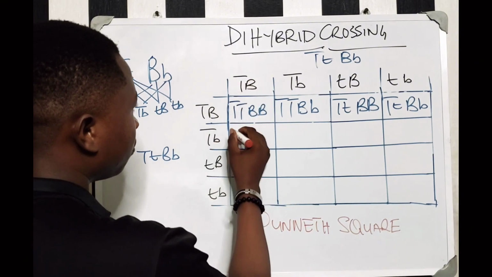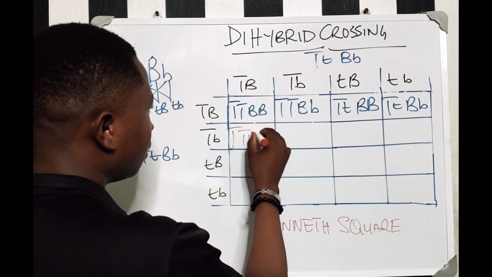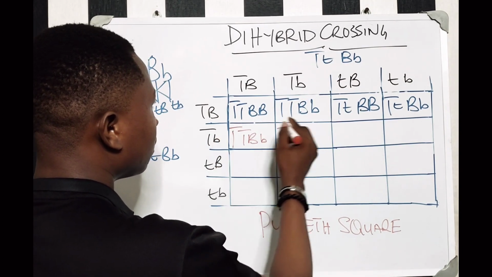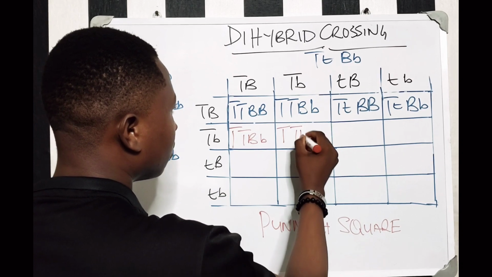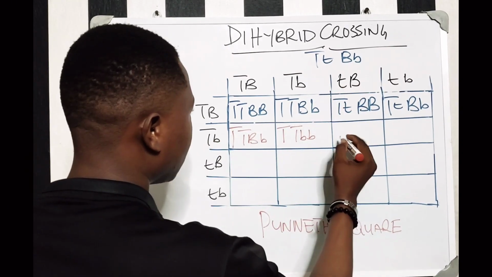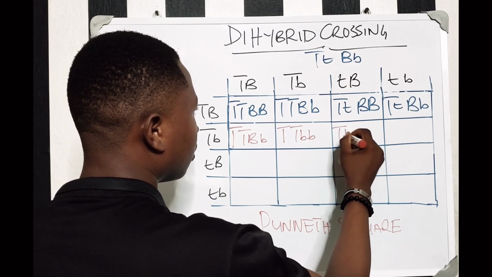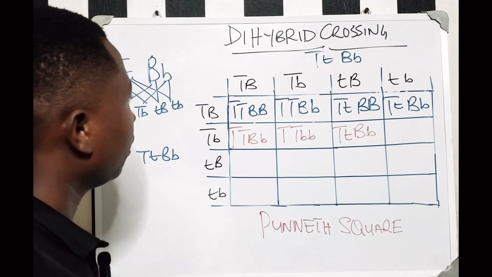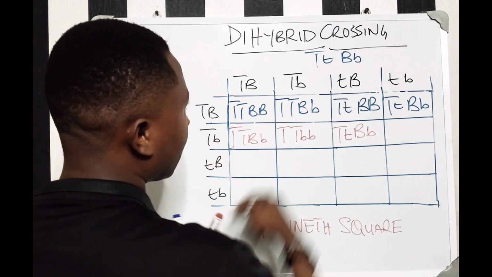Crossing this and this will give you this. This and this will give you, so the next one will be this and this now. Okay, so the next one will be this and the last.